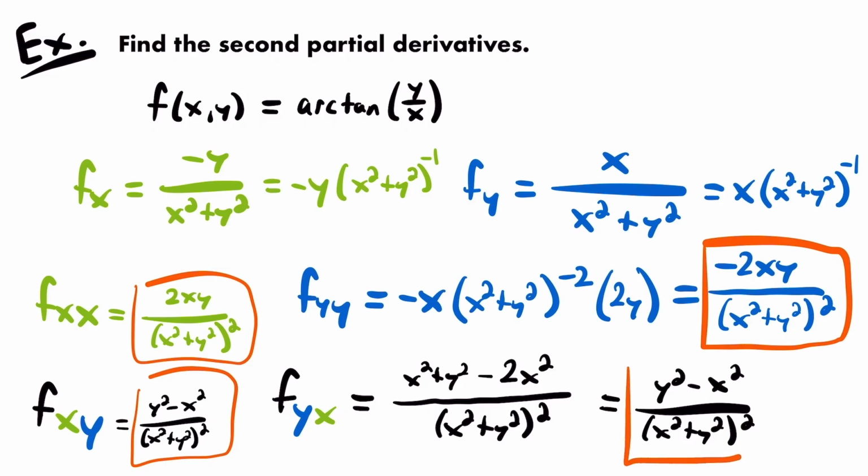All right, that is the second partial derivative, f sub yx, for this multivariable function. And so now we have found all 4 second partial derivatives. And the mixed partial derivatives here, f sub xy and f sub yx, are the same, so we know that we did both of those derivatives correctly. Let's take a look at one more example for this video.